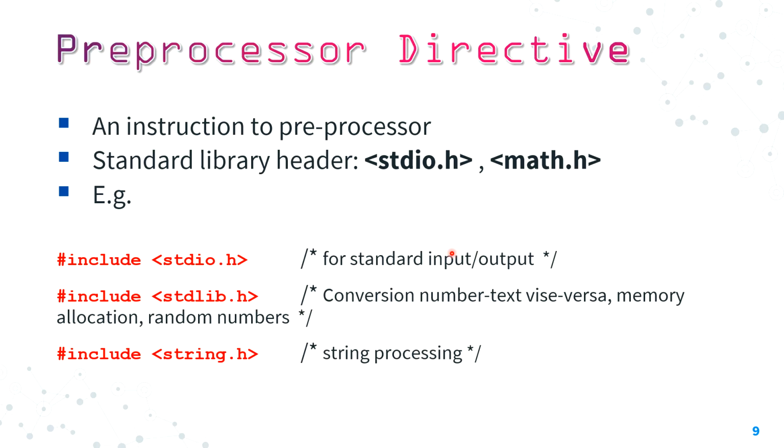Examples of commonly used header files: stdio.h is used for input or output operations like printf and scanf. stdlib.h, or standard library, is used for number conversion, memory allocation, and random numbers.